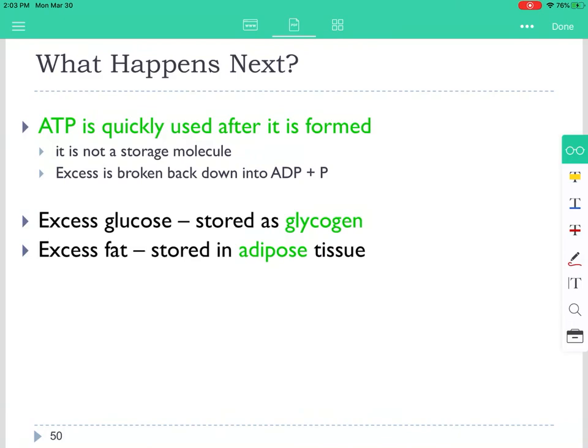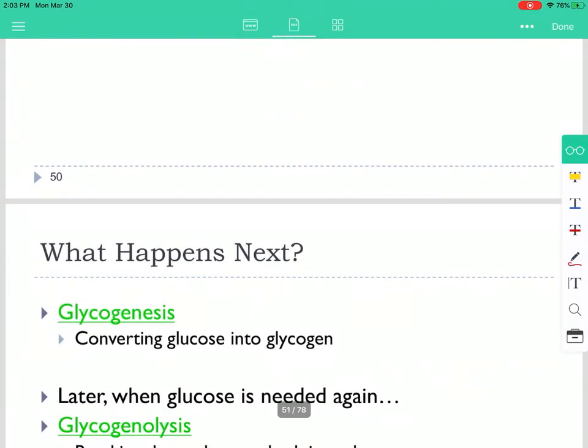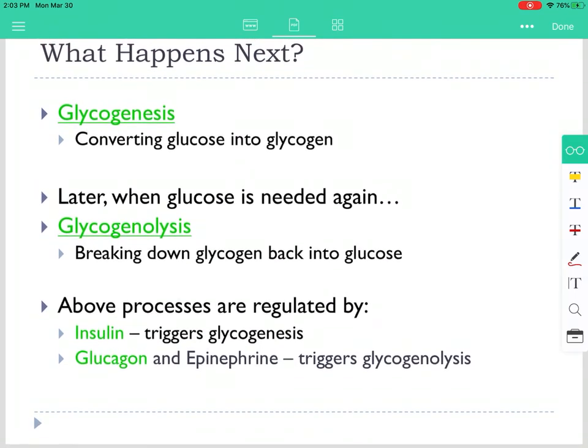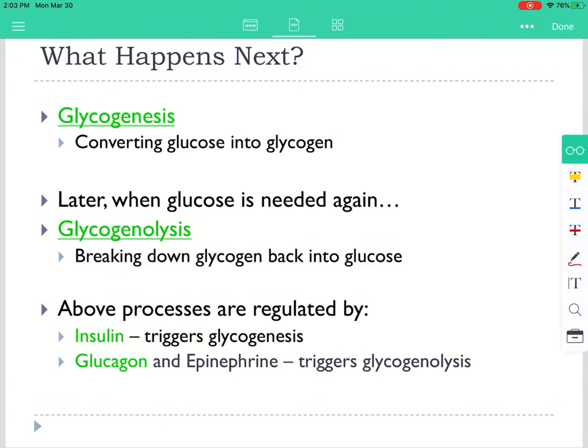Well, ATP has to be used, or that's it, we can't store it. So once we produce ATP, we quickly use it. If we have any excess, we got to break it back down into parts that we'll have to later put back together again. If we have excess nutrients, glucose and fat, we can simply store them for later.